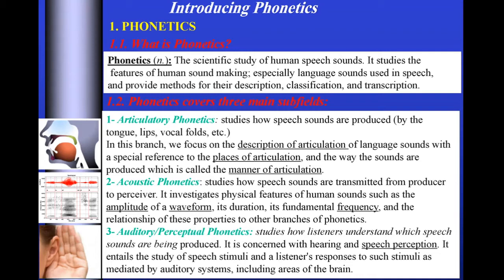As its name implies, auditory phonetics investigates the perception and the identification of speech sounds by the listener. In other words, how sounds are transmitted from the ear to the brain and how the brain interprets the information coming from the ear. I hope I made myself clear in this part.